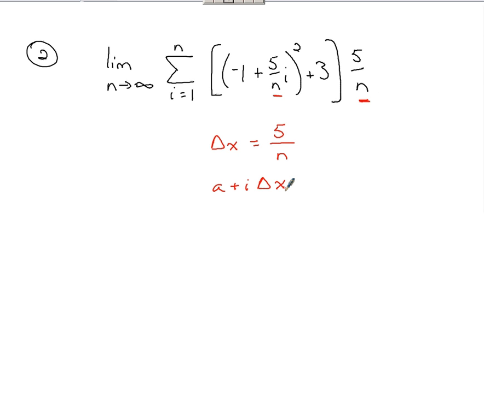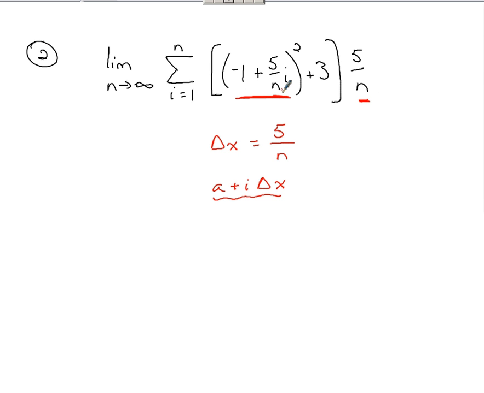Now, if I look at this kind of pattern, based on my setup, I see my delta x here is 5 over n, so there's a 5 over n here, a 5 over n here. My attention is really focused on this part because of this i, right? It's i times delta x, so it's i times 5 over n in this case.